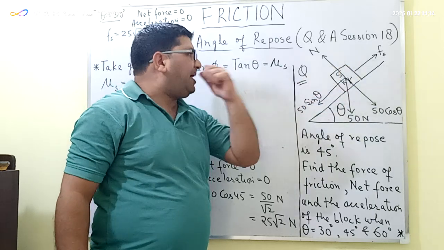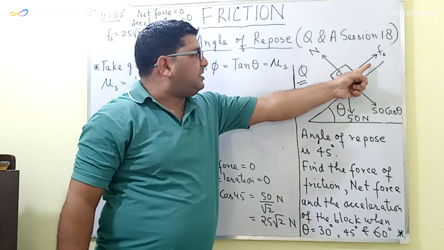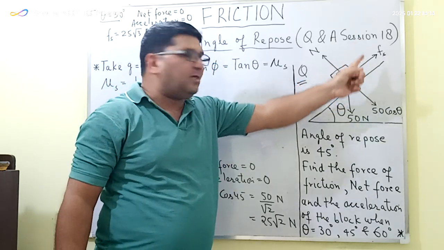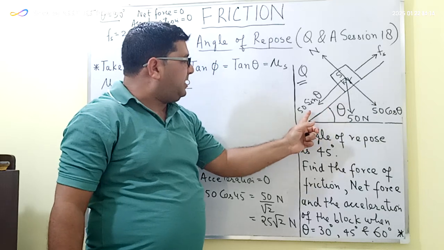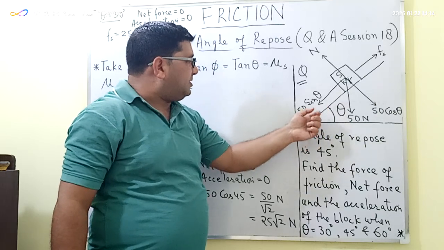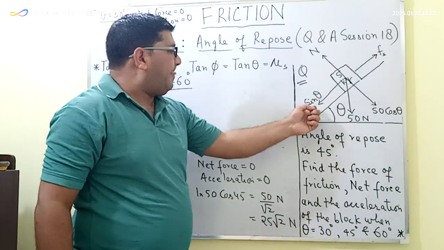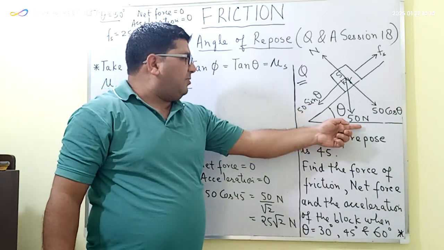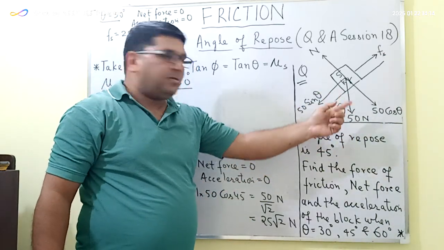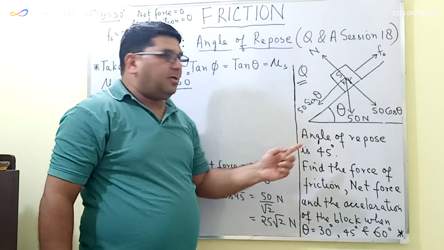The force of friction will act as indicated by this arrow, in the upward direction, and mg sin theta, this 50 sin 60, is the component of the weight acting down the inclined plane.